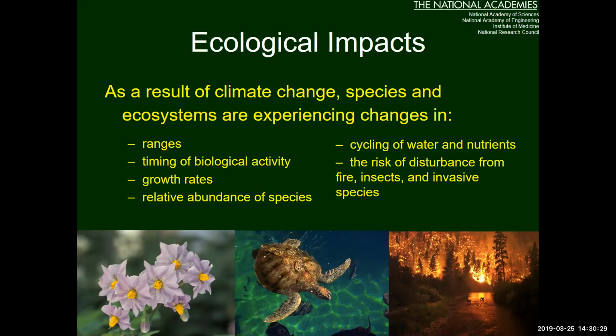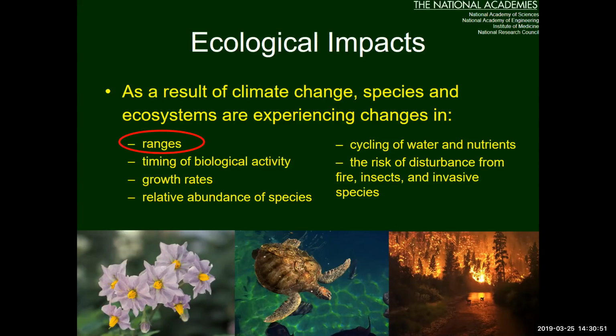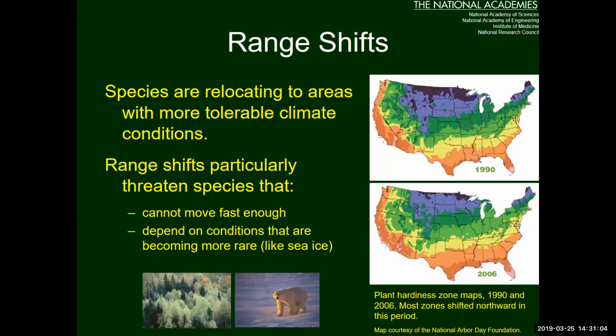And then we find that other things like their physiology, growth rates, the numbers of individuals in a population, and then larger, more complex things like impacts from wildfire, invasive species, disease, things like that are very important outcomes. We'll talk briefly about the impacts on spatial patterns and then on temporal patterns of activity. And then we'll talk about some specific examples from around the US.